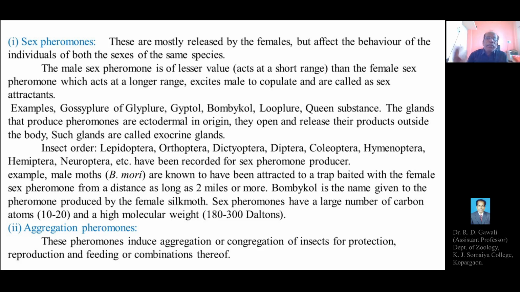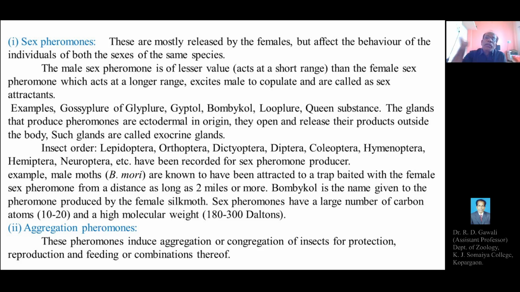With the help of a sex pheromone like bombicol, we can collect the male members of Bombyx mori from a longer distance.